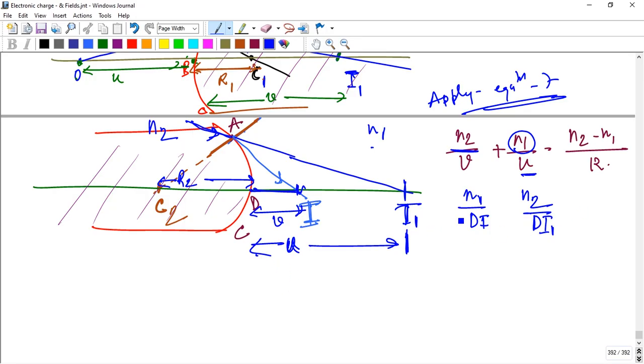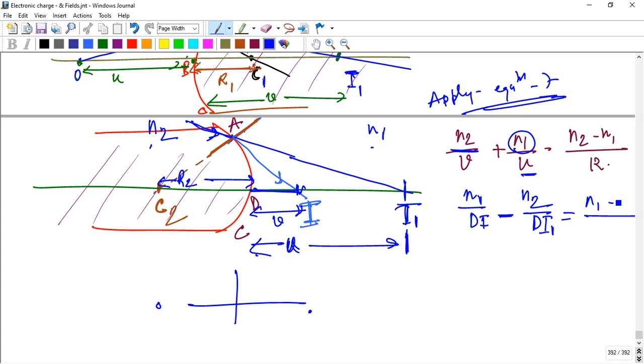You see that it is on the opposite side, that's why there is a minus. N2 and DI1 are on opposite sides. In the Cartesian system, N2 is on the left side and the other is on the right side, so there is a minus here. N1 minus N2 changes, and R, which is DC2, is on the left side of the origin, so it is negative x.